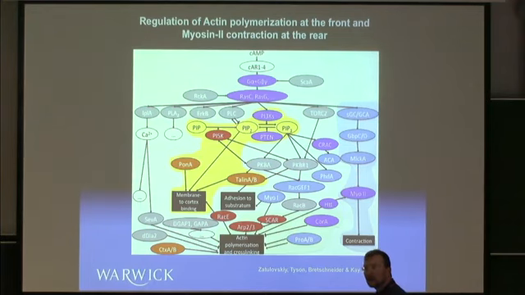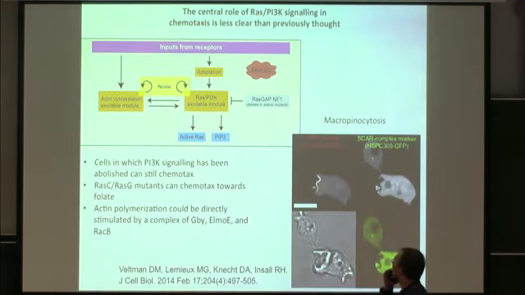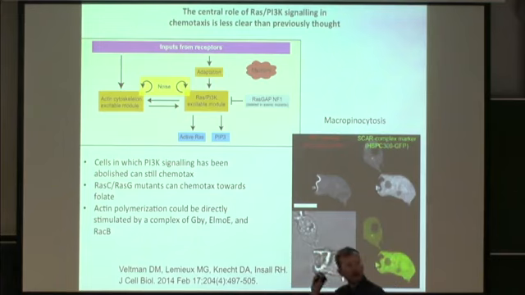Having said that, this is the picture which used to be the dogma for many, many years, and as you can imagine, things are slightly more complex. It is actually such that Dictyostelium cells in which all PI3 kinase signaling has been abolished are still able to chemotax.